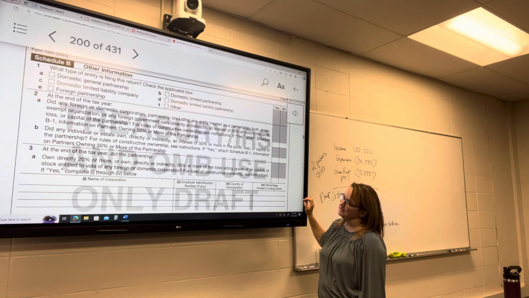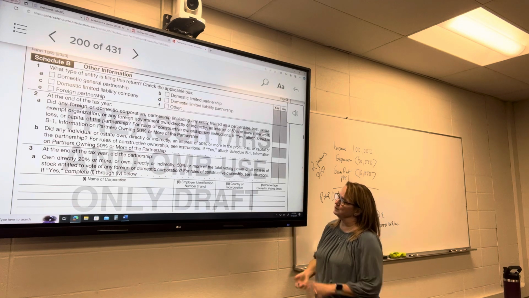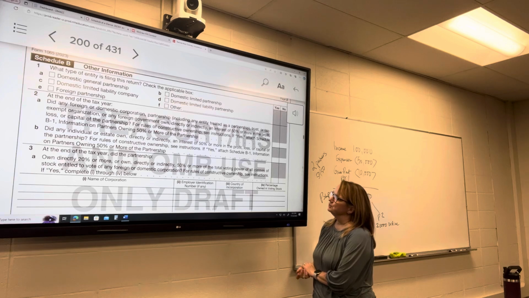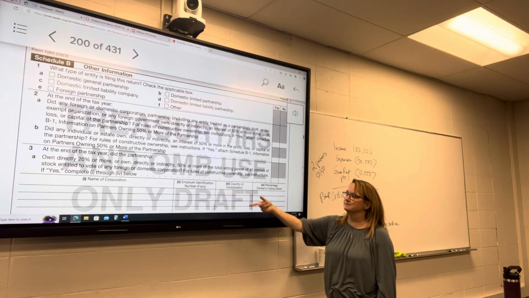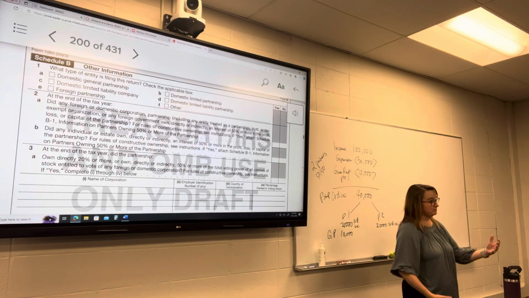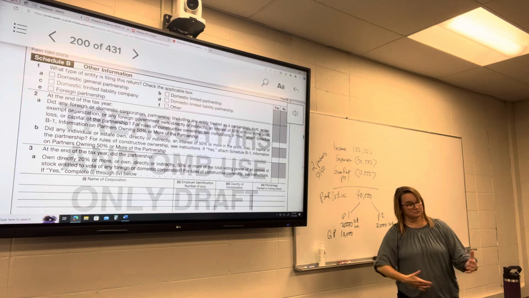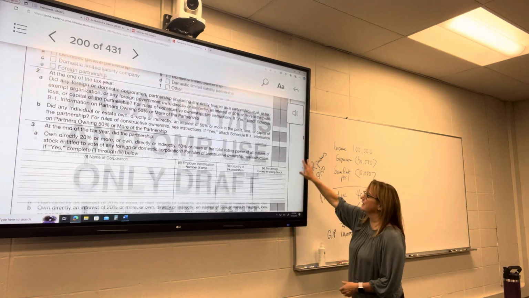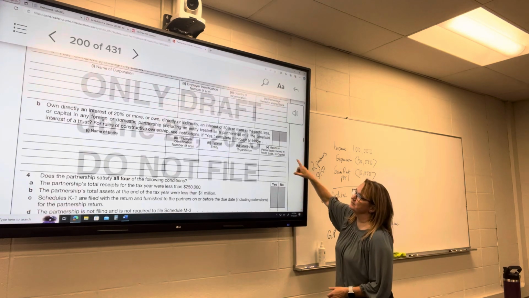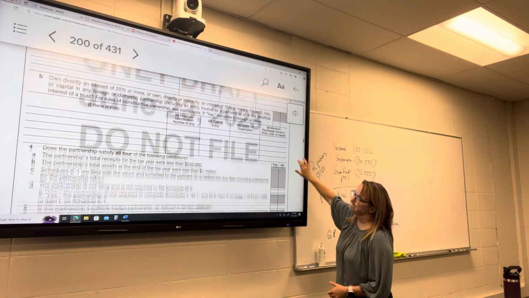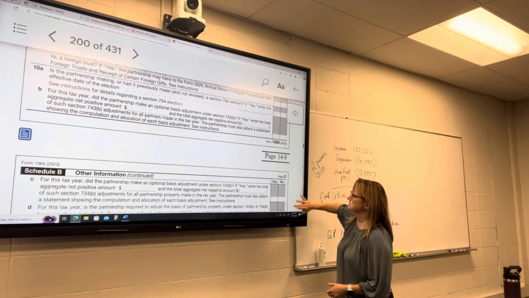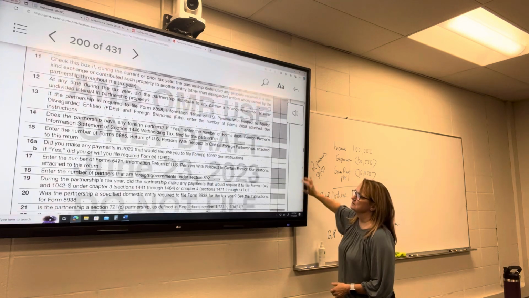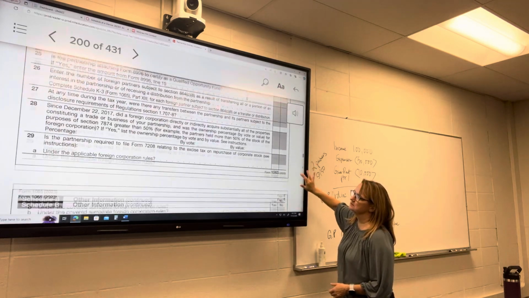Did the partnership own 20% or more, directly or indirectly, or 50% or more of the voting power of all classes of stock entitled to vote in a domestic corporation? So if the partnership owns a corporation in certain percentages, you've got to report that, certain reporting requirements. Lots and lots of yes or no questions that we don't really need to go through.